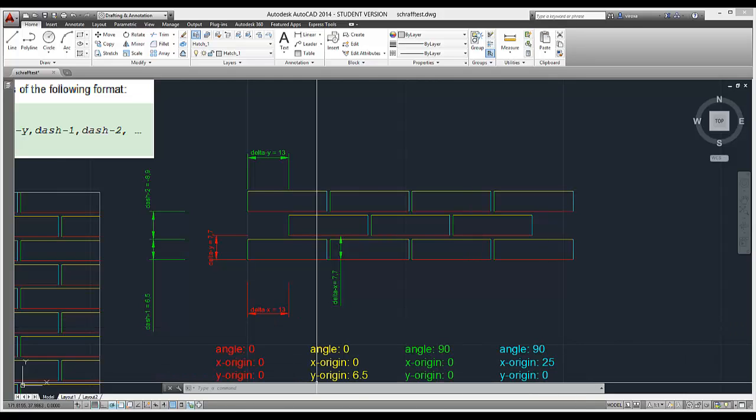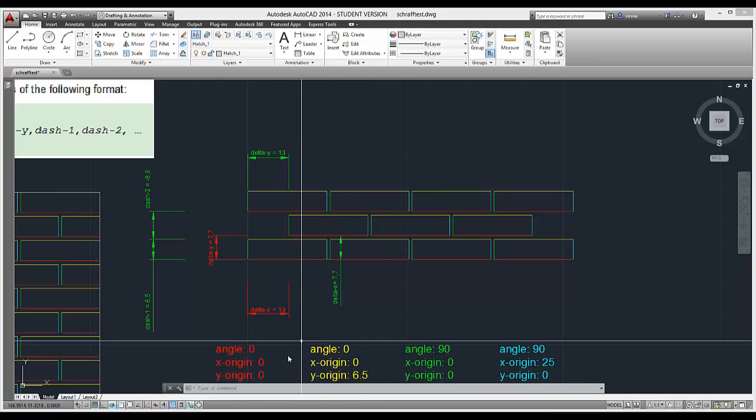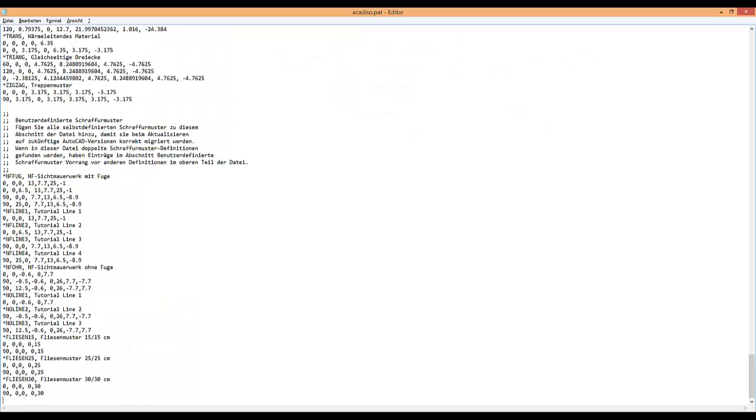Now I'll go back to the hatch file, and I'll show you how these values are arrayed and how they work.